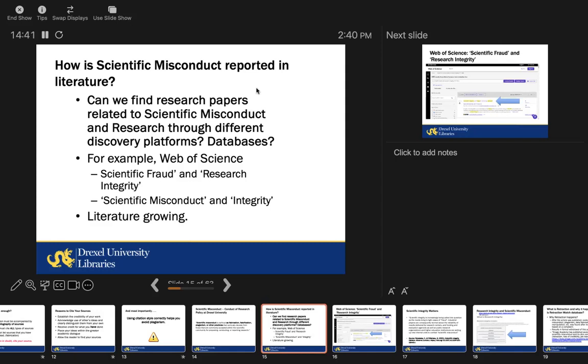Now we have access to the Web of Science database from Clarivate, and it's one of the top databases. If you go to the library homepage, databases A to Z, and you click on Web of Science, you'll see it. It is one of the most powerful databases to find scientific research papers. So I used some examples like scientific misconduct and integrity, and you will see a lot of literature has already been published. So go to the next slide.